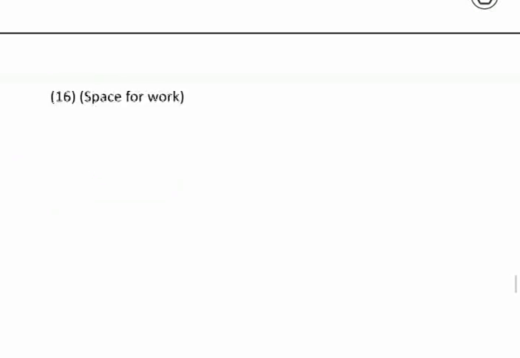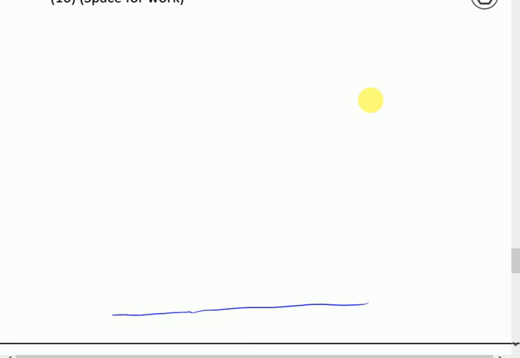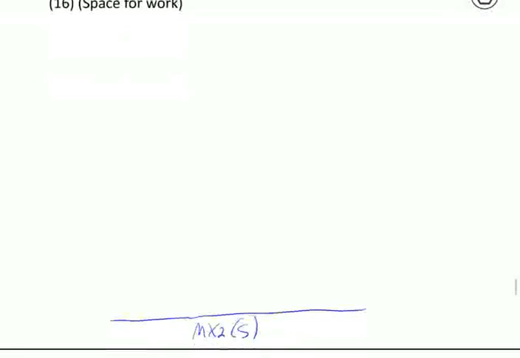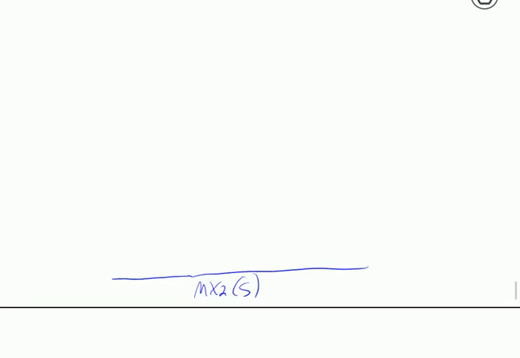So what we're doing for these is we have an ionic compound MX2 as a solid, and we're trying to figure out the energy. So we read the problem, we want to determine the lattice energy. So lattice energy refers to the energy involved with taking the gas phase ions and bringing them together.